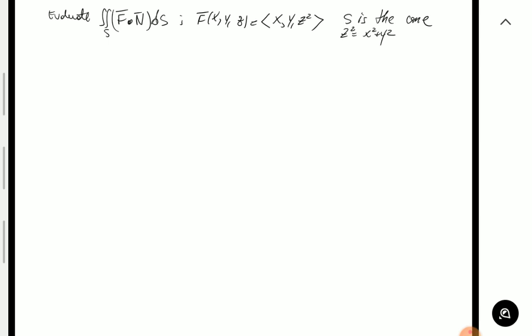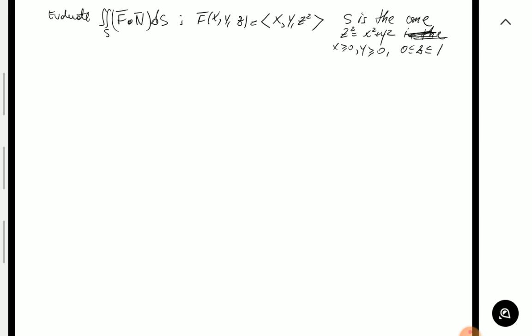Let's say in the positive region. So let's say S is the cone corresponding to x greater than 0, y greater than 0, and I want also z between 0 and 1.